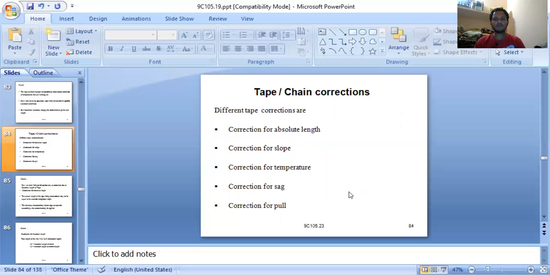Let us see what are the different corrections in chain and tape. We have correction for absolute length, correction for slopes, corrections for temperature, corrections for sag, corrections for pull. So we have these different corrections which are to be applied in measured lengths to get the accurate results.